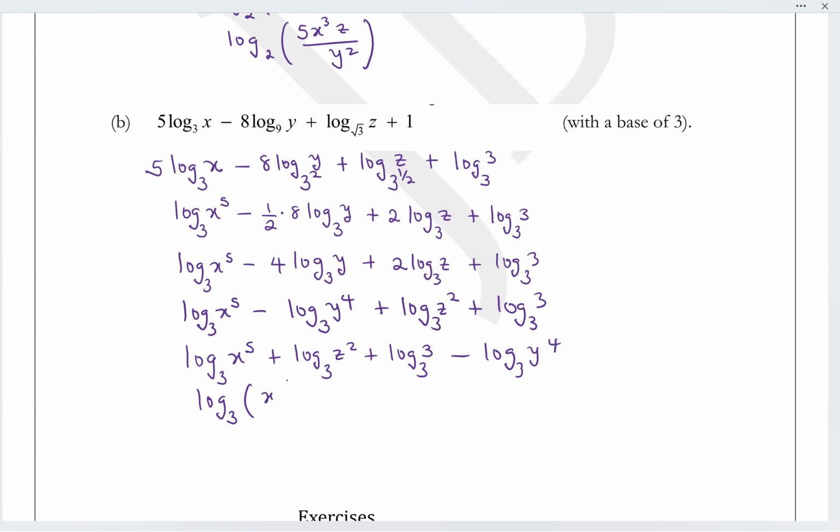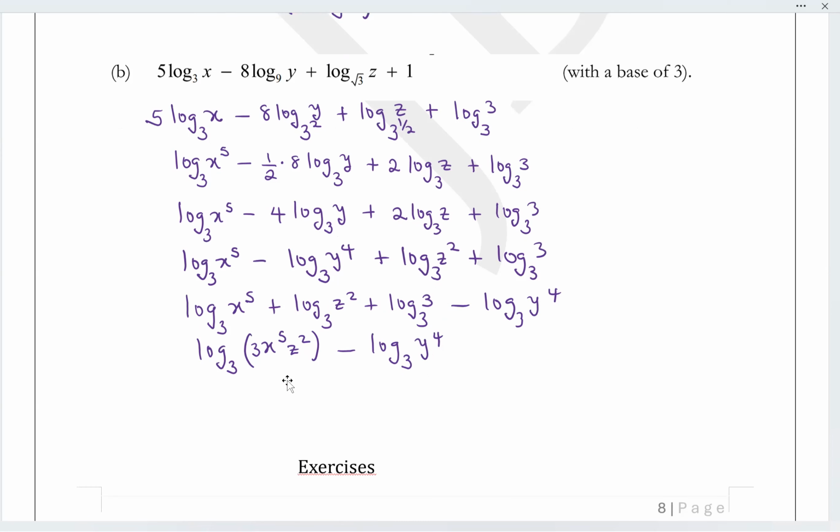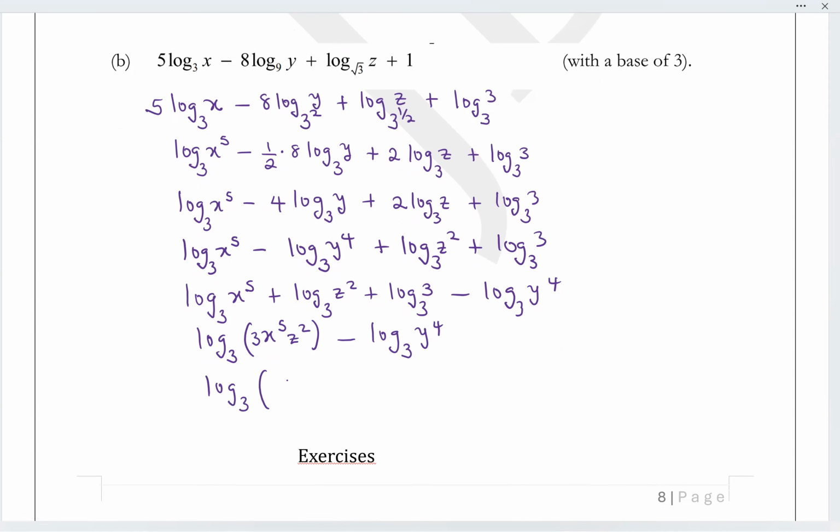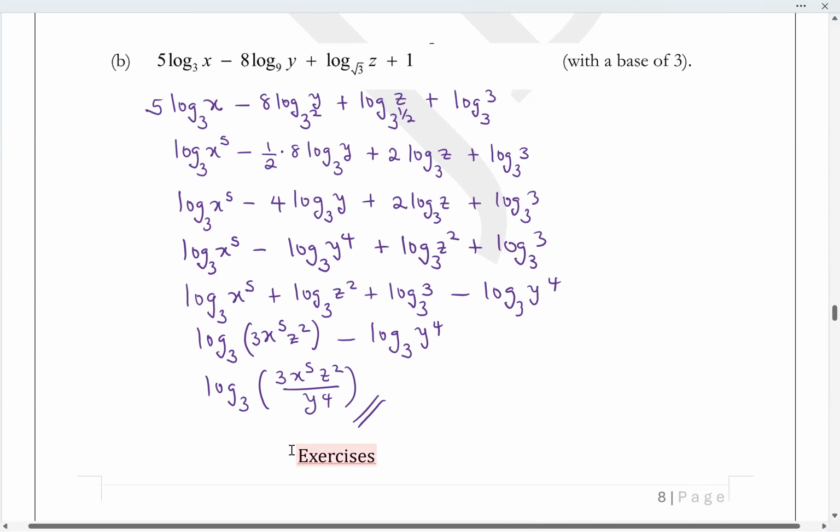So you will have x to power 5 z squared times 3 minus log 3 of y to power 4. And then you can go to division here. So this will be log 3 of 3x to power 5 z squared over y to power 4. So this is basically what change of base is all about.